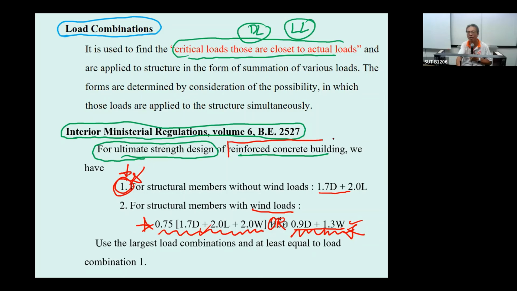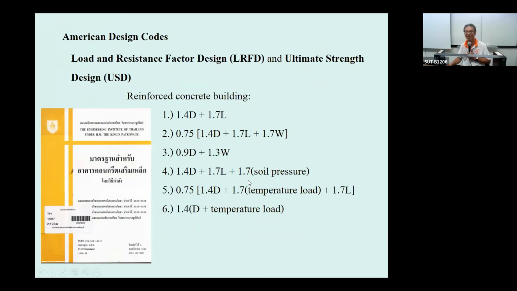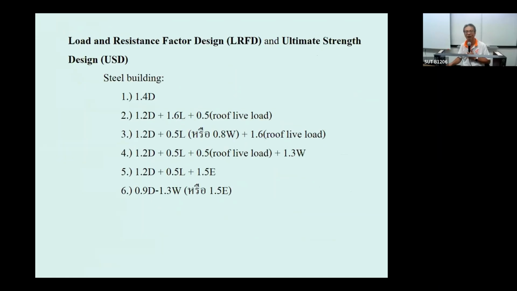This is for reinforced concrete building based on ultimate strength design. If you base it on working strength design, the load combination will be different. So it depends on the design code you use, like this one or this one.